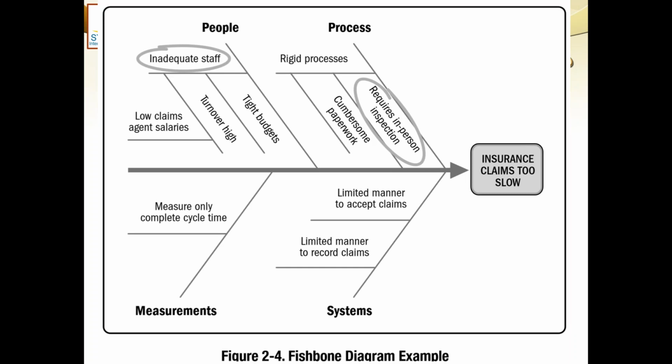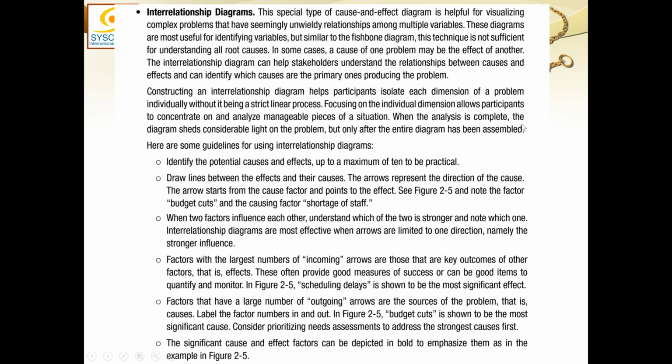Similarly, in systems, we had a limited manner to accept claims or to record claims. In measurement, we measured only complete cycle time. So this is the general fishbone diagram for the example we were talking about.